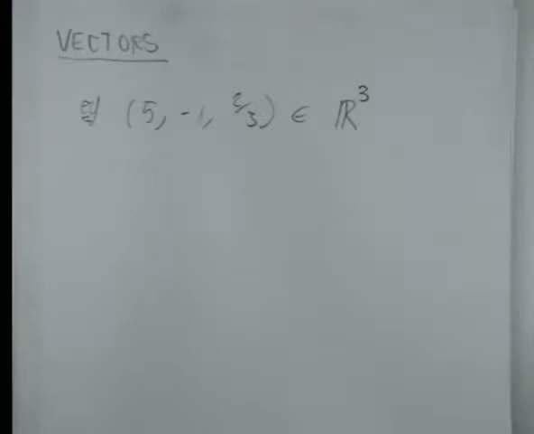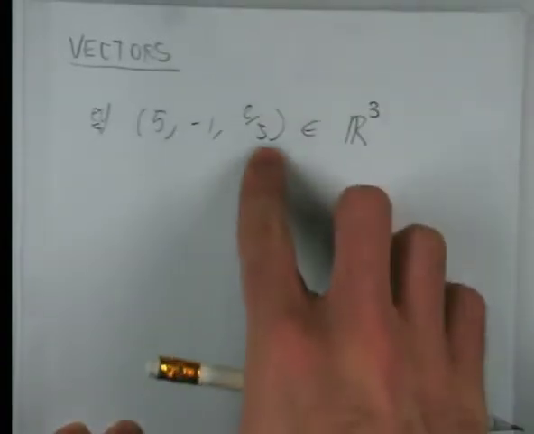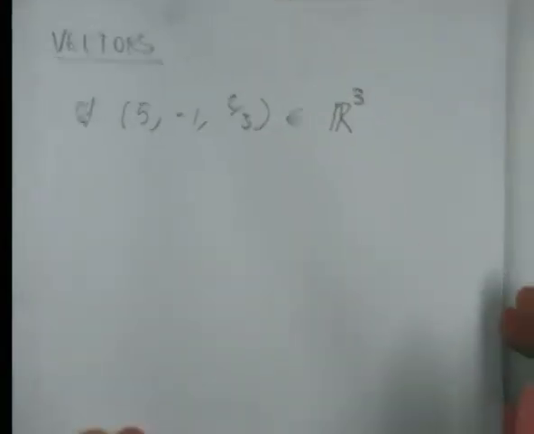Okay, it's possible to do that. So this is not in Z3, it's in Q3 actually, but it's in particular in R3. So we don't talk about the other ones in Maths 1A, but they're there if you wanted to make them. Okay, that's what vectors are.